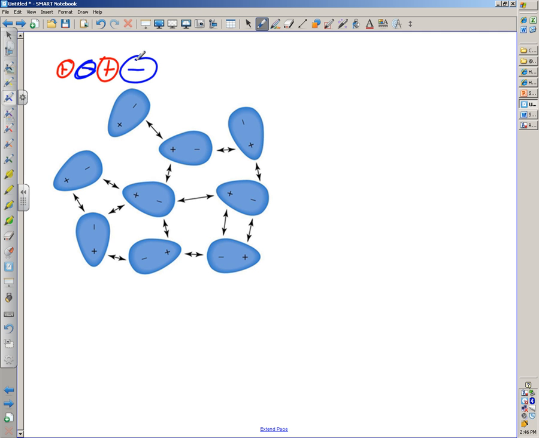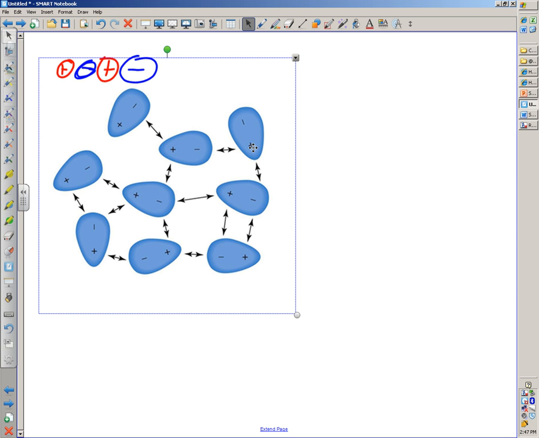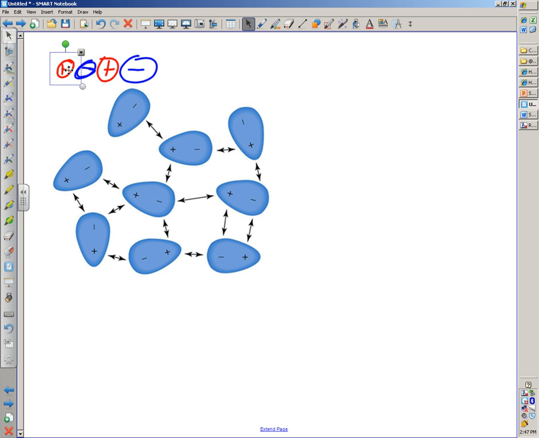But now, Far, the jump you made: if this side of this molecule is positive, and this side of this molecule is negative, what are they going to start doing to each other? They're going to start attracting each other. Is it as strong as these attractions up here?